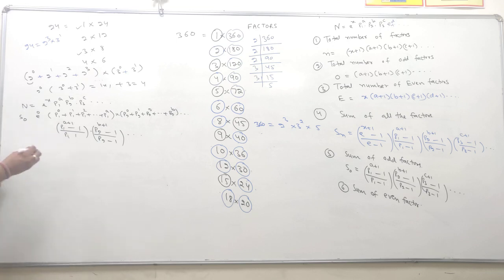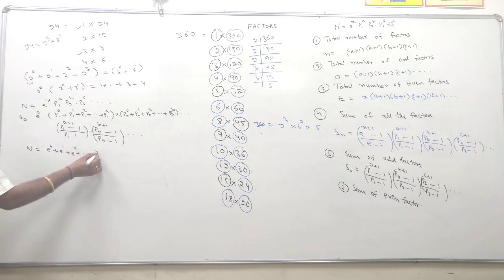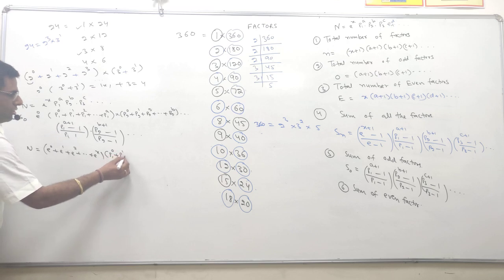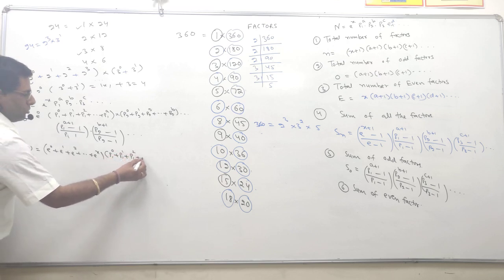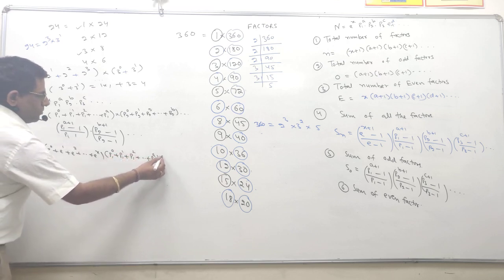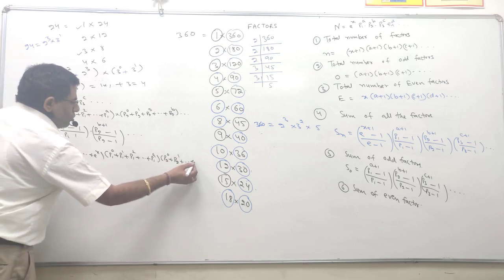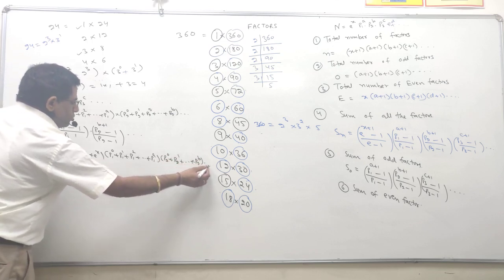Even factors can be obtained as, since n was 2 raised to power x, p1 raised to power a, p2 raised to power b, p3 raised to power c, and we already know that the total number of factors comes this way: 2 raised to power x, p1 raised to power 0 plus p1 raised to power 1, p1 raised to power 2 up to p1 raised to power a, p2 raised to power 0 plus p2 raised to power 1 up to p2 raised to power b, and so on.